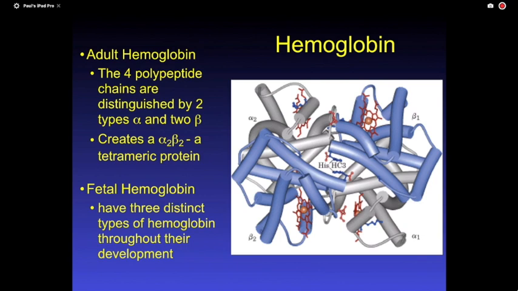Now, those couple few changes in amino acid side chains actually change how they behave. And when they work with the alpha subunits, you get a unique set of circumstances and behavior. Okay? The gamma, we're going to change the sequence, and again, just a few of the amino acids, and we're going to get a different version in the fetal hemoglobin.